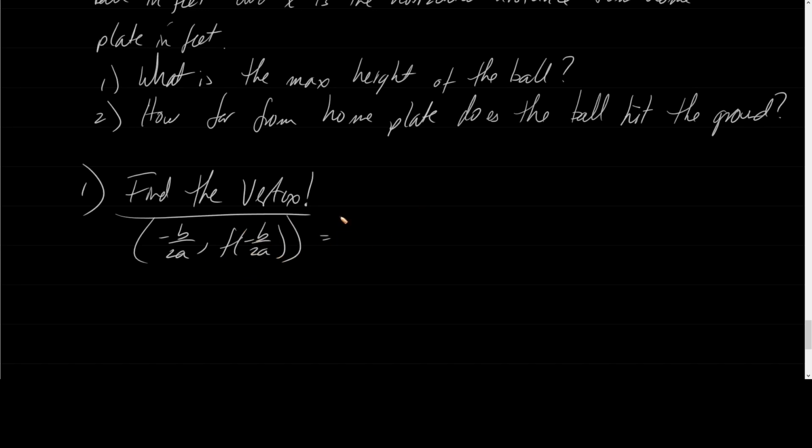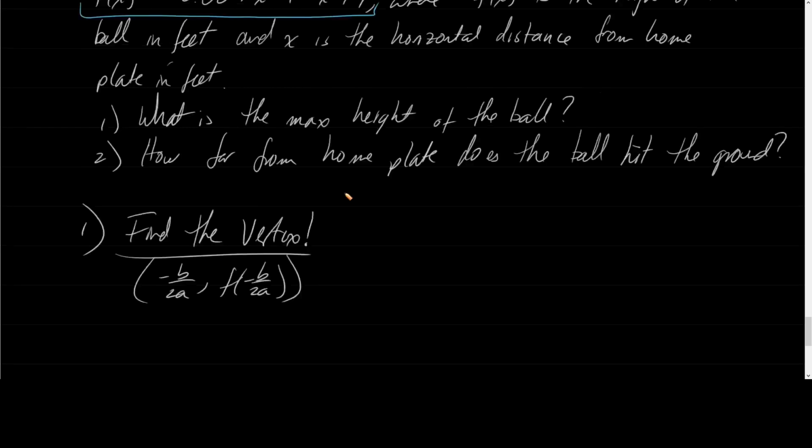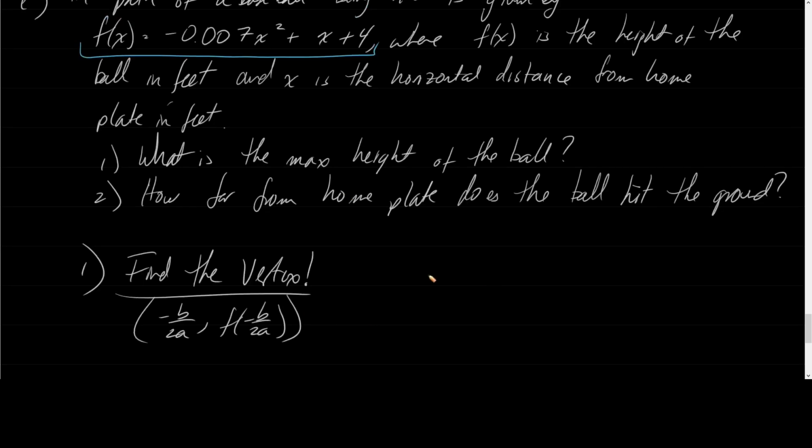In this case, well, what is negative b over 2a? So negative b over 2a is equal to the negative of b, which is just 1, over 2 times 0.007. All right.